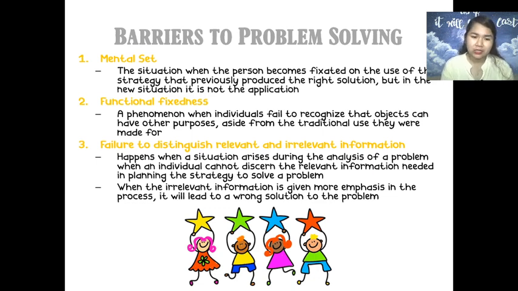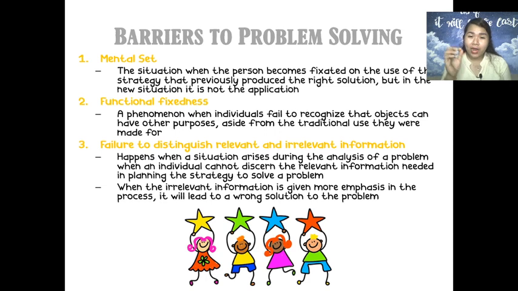Functional fixedness, a phenomenon when individuals fail to recognize that objects can have other purposes. So functional fixedness is when yung ibang objects na pwede sana nating gamitin, no? Para ma-resolve yung problem, hindi natin nakikita na problem solver siya. Say for example, yun nga, wala kang susi sa bahay na lock yung door ninyo.